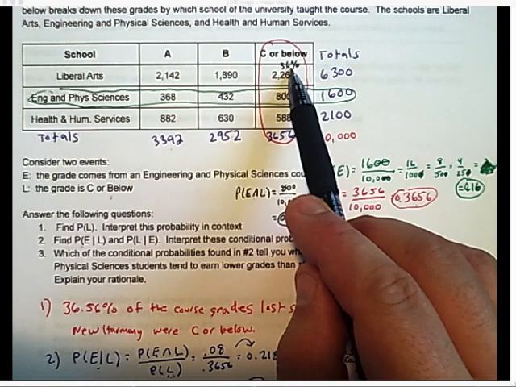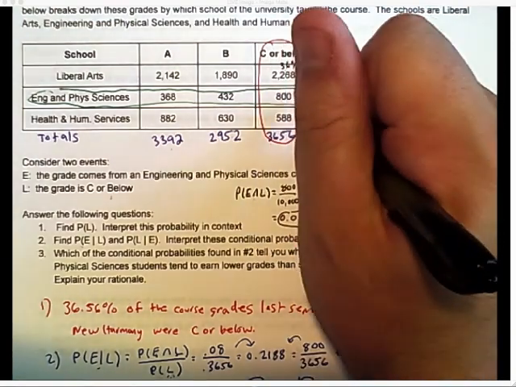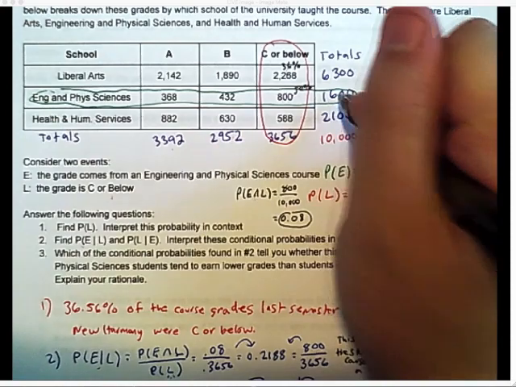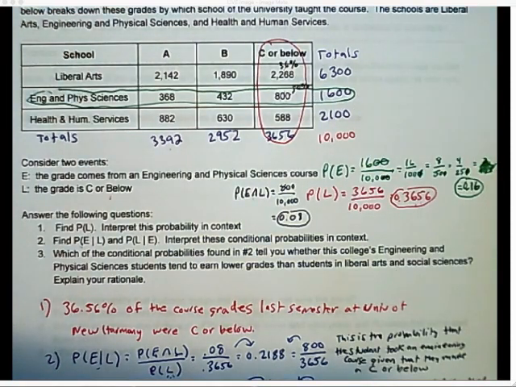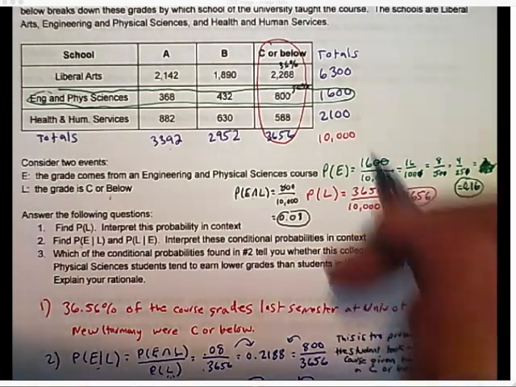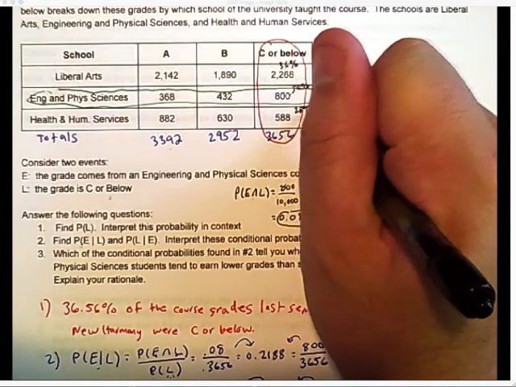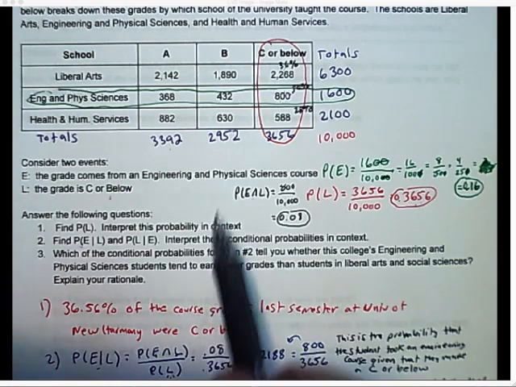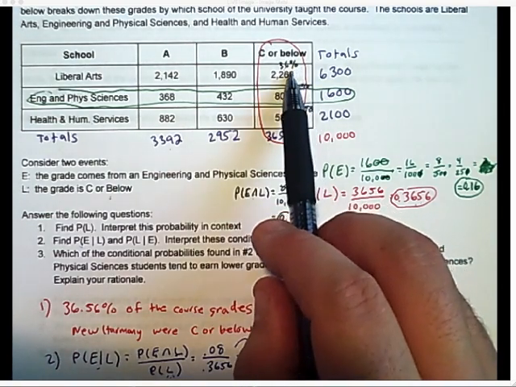Here, 50%. 800 out of 1600 is 50%. And then the last one, 588 divided by 2100 is 28%. All right. So these are vastly different percentages.